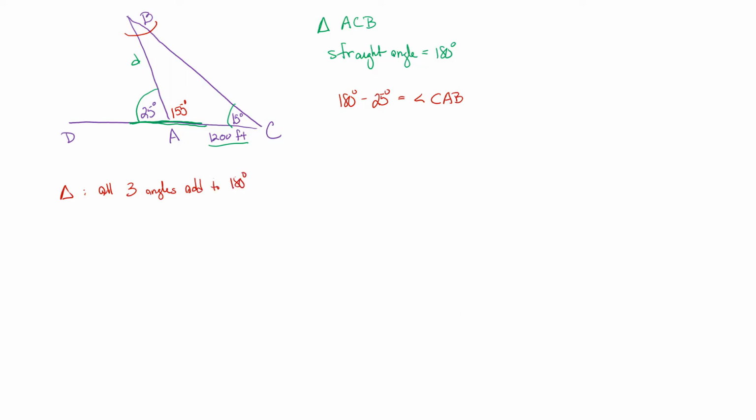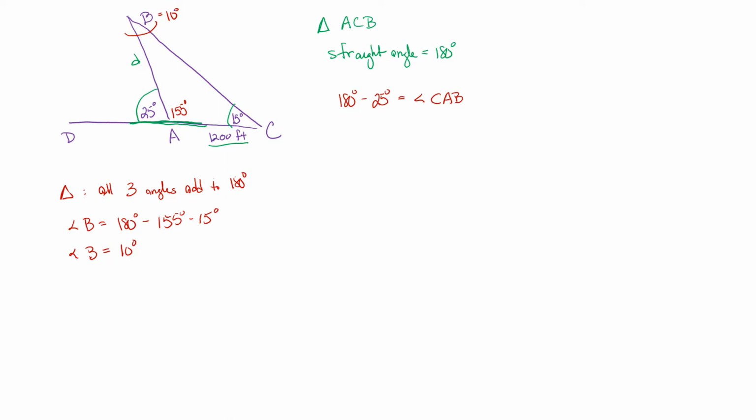And if I've got a 15-degree angle already and a 155-degree angle already, then the measure of angle B would simply be 180 degrees minus the other two angles, which means angle B has a measurement of 10 degrees. Does that make sense? Are you with me? Good.